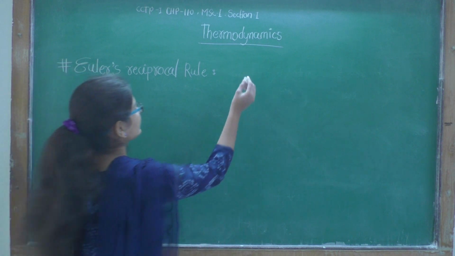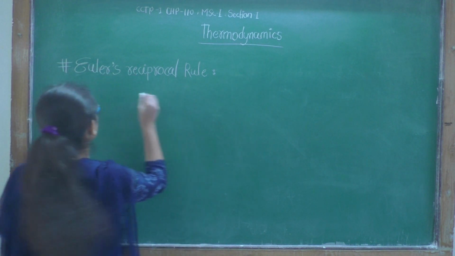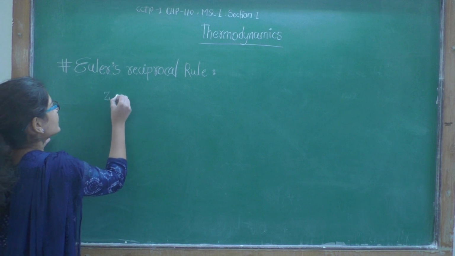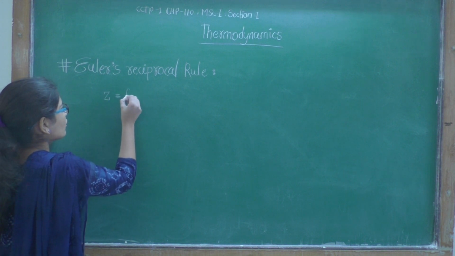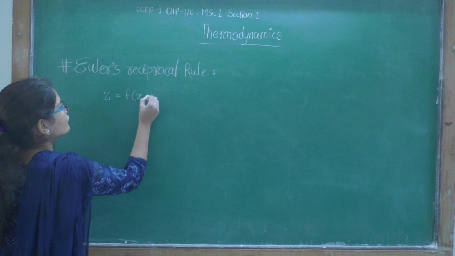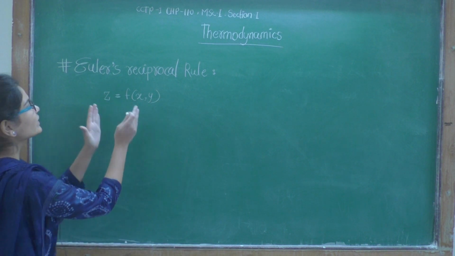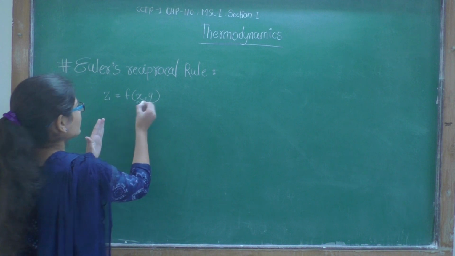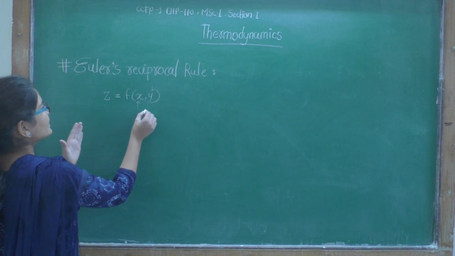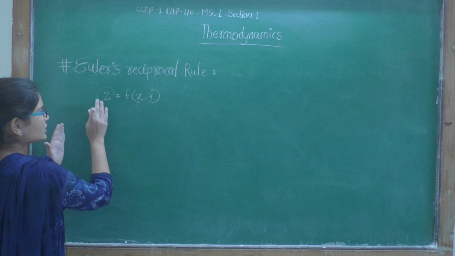If z is a function of x and y, what does it imply? That is, with change in x or with changing y, the value of z will also change.